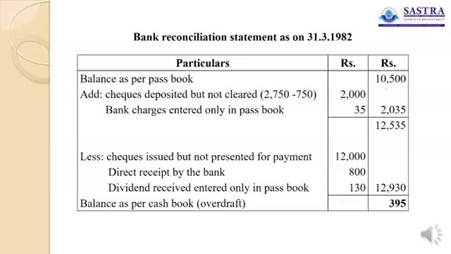See, 10,500 favorable balance, credit balance, so all items are added now. Added here 2,035 and 12,535 is the total of the receipts, and checks issued but not presented for payment 12,000, direct receipt by the bank, and the dividend received entered only in the passbook. These are all the receipts.